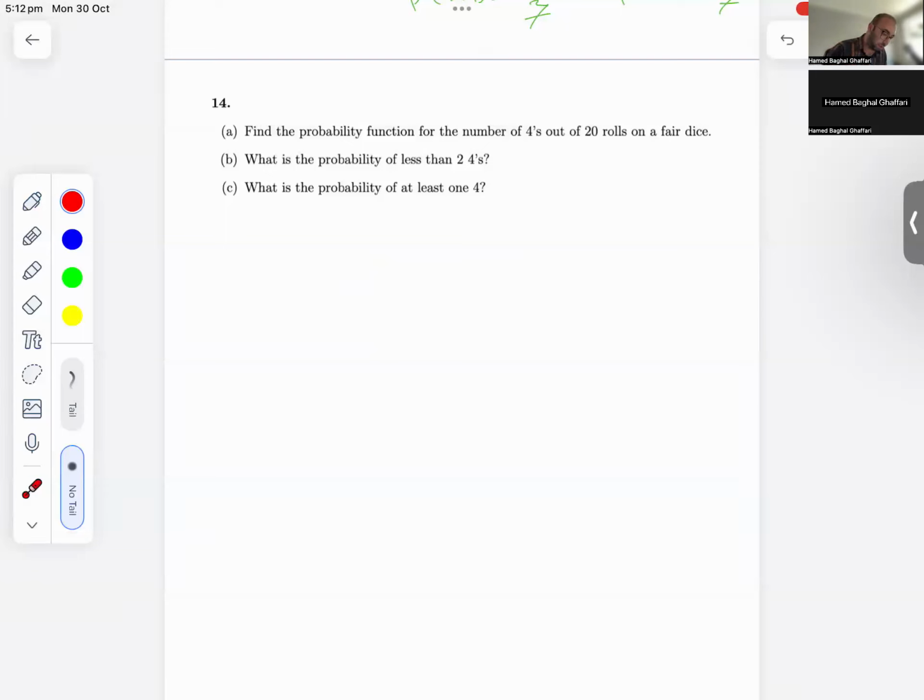Find the probability as a function of the number of fours. So, part A, we see that this is the Bernoulli distribution. 4 of the 20 rolls will be 4.